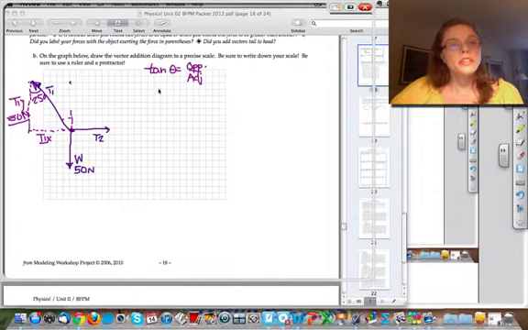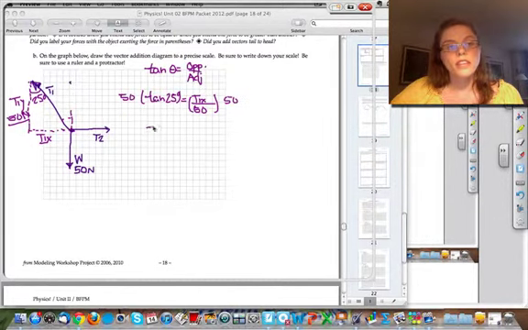So, tangent 25 degrees. Opposite is T1x, and adjacent is 50. And so then to solve for T1x, we multiply both sides of the equation by 50. So then we have 50 tangent 25 degrees is equal to T1x.